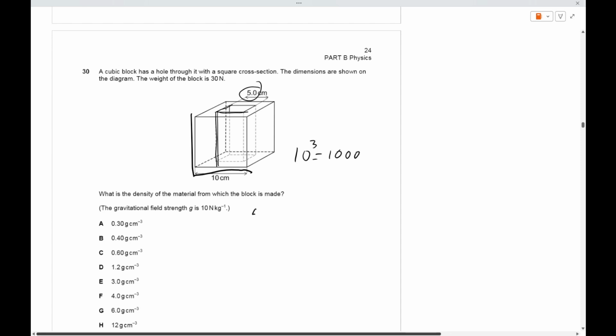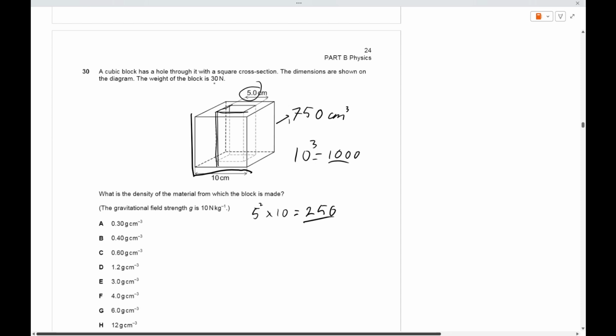So it's 5 squared times 10, which is equal to 250. You take away these two, and the total volume of this shape is 750 centimeters cubed.